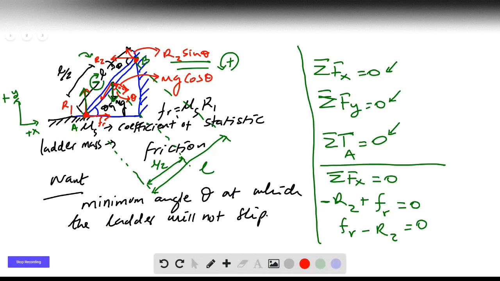And so the sum of forces in the x was equivalent to 0, assuming that R2 is pointing towards the left and the friction is pointing towards the right. We make those two equivalent. Also remember the friction is equivalent to the coefficient of static friction times the normal reaction, which is R1 in this case.